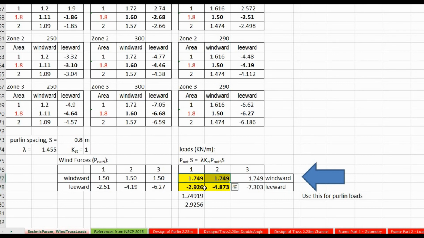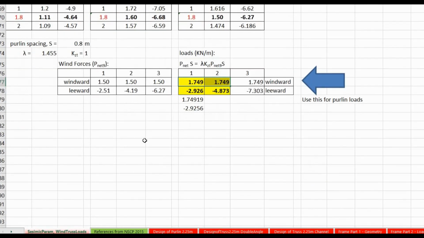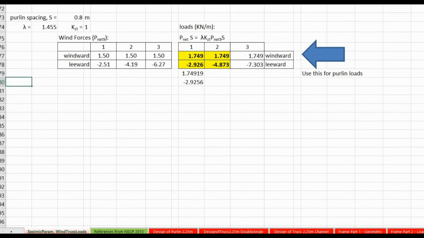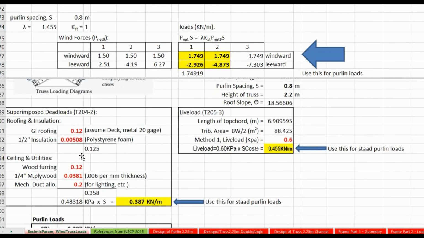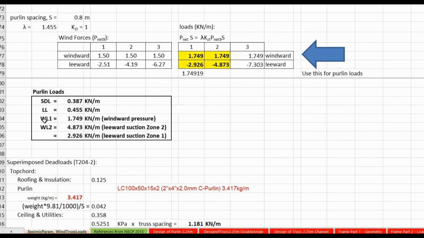Now, split ko lang muna ito. Para maipakita ko yung dalawang yan. So, babalik tayo sa baba. Dito. So, WL1, that means, okay, windward pressure. Okay? So, ito yun.